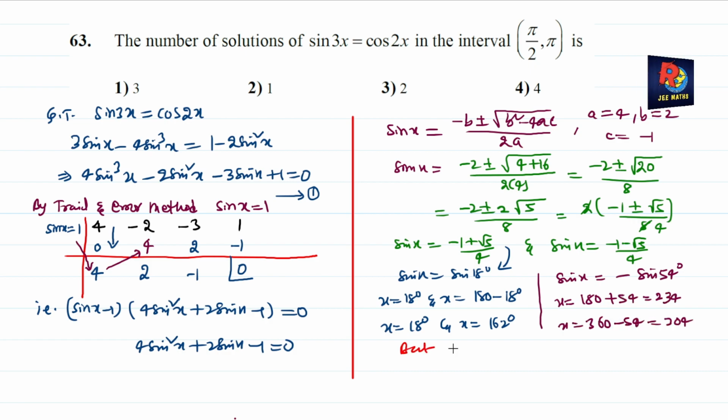We need to find out the interval should be pi by 2 to pi, so 90 to 180 only we need to check. 90 to 180 means this is cancel, not possible. So this one is possible and this is not possible, this is not possible. So we have only one solution possible. Option 2 is the correct answer.